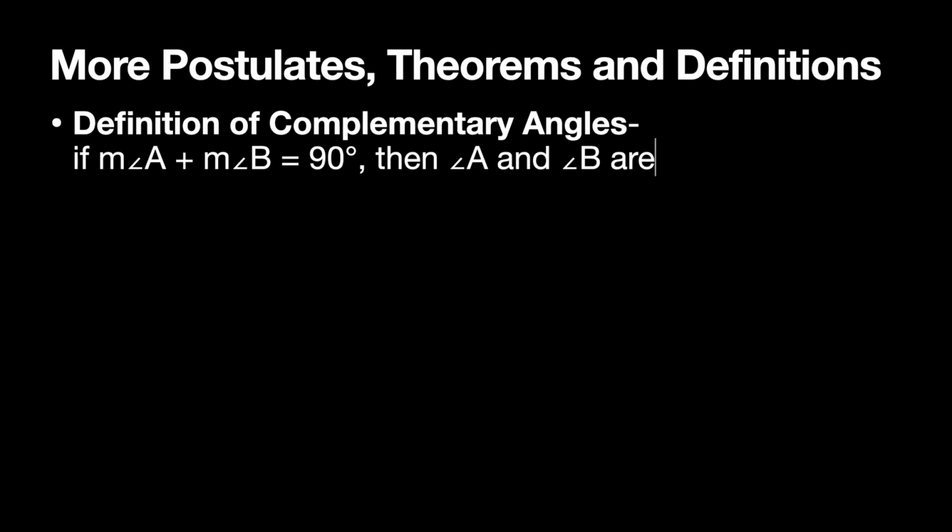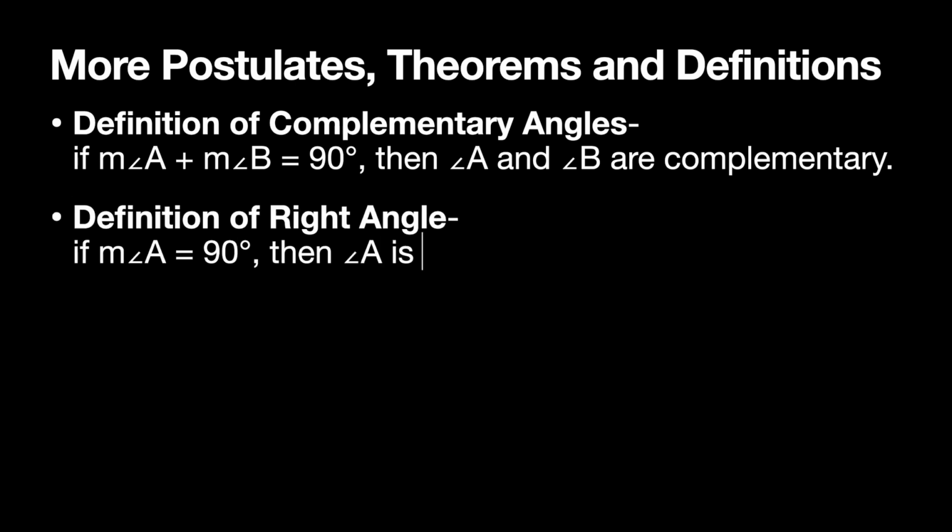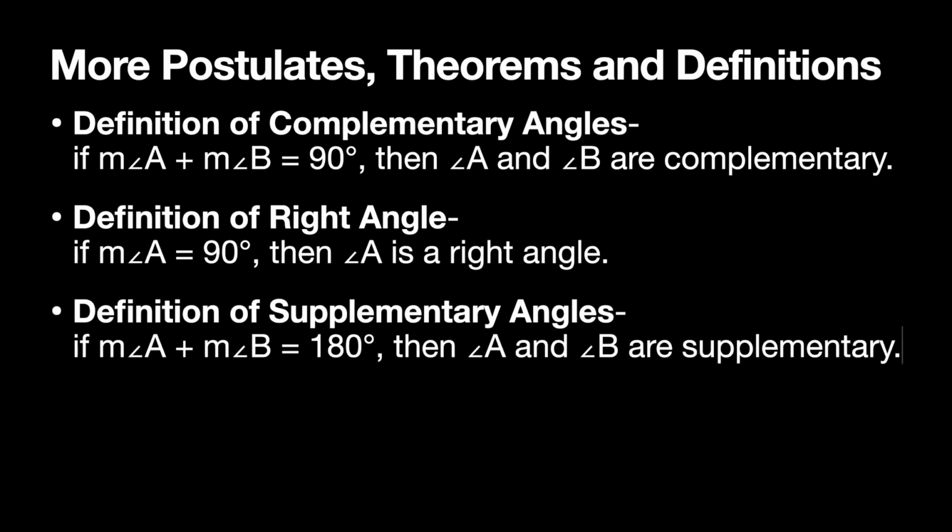Our first one is the definition of complementary angles. If the measure of angle A plus the measure of angle B is 90, then angle A and B are complementary. Next, the definition of a right angle. If the measure of angle A is 90 degrees, then A is a right angle. Third, the definition of supplementary angles.